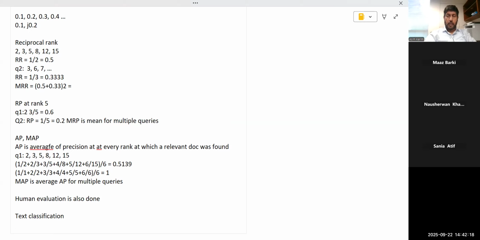The idea in text classification is that given a document D, find the label for D from a given set of labels.